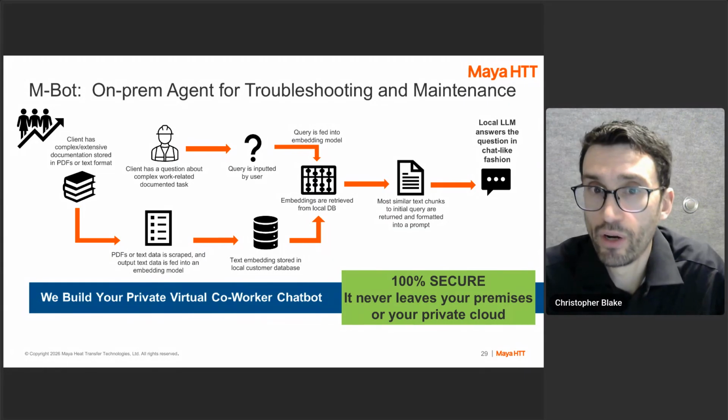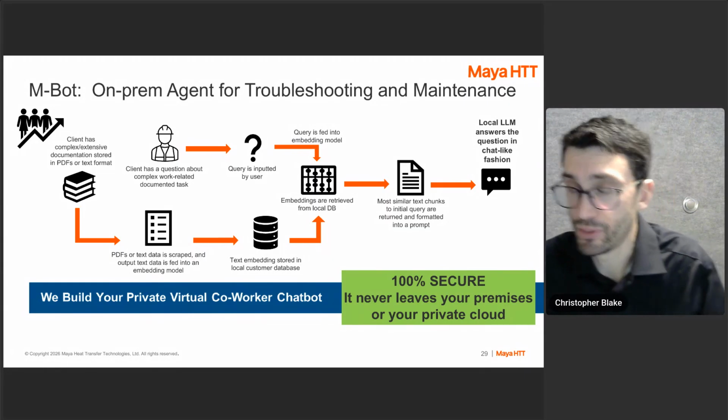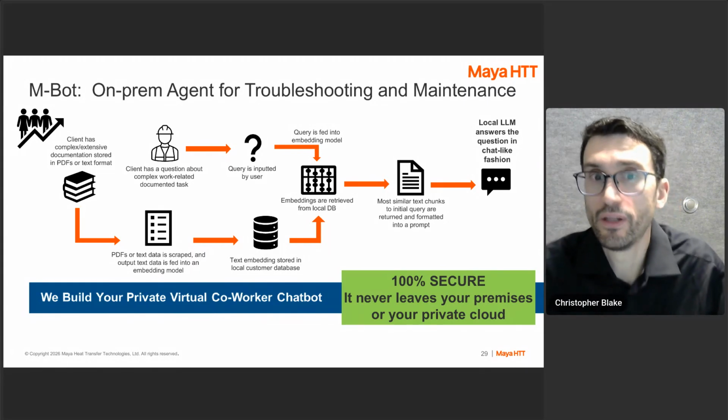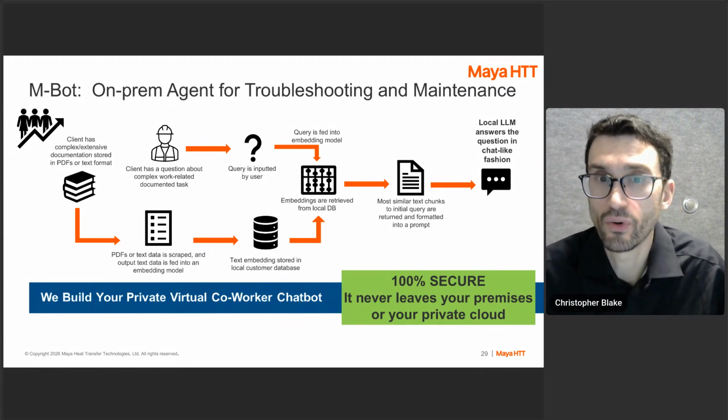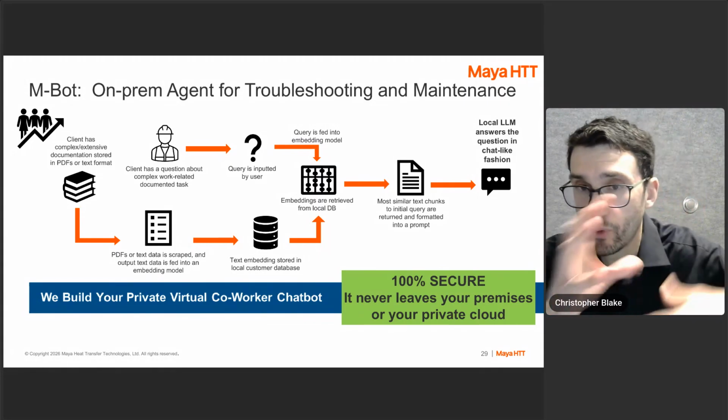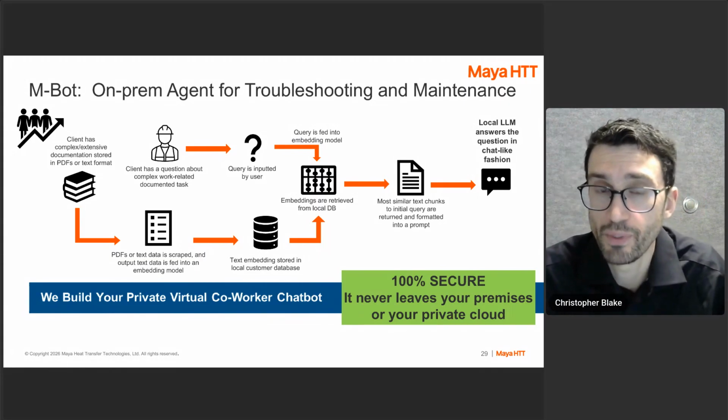A chatbot that we've worked on and have been deploying at different customers actually ingests all that PDF information and stores it in what's called a vector database, basically a numerical representation of all the content in those PDFs.